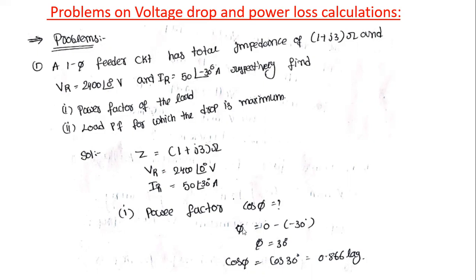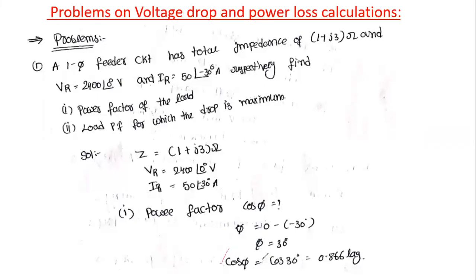Therefore, phi is equal to VR angle minus IR angle. The VR angle is 0, minus the IR angle, which is minus 30 degrees. Therefore, phi is equal to 30 degrees. Then find the cos phi value.